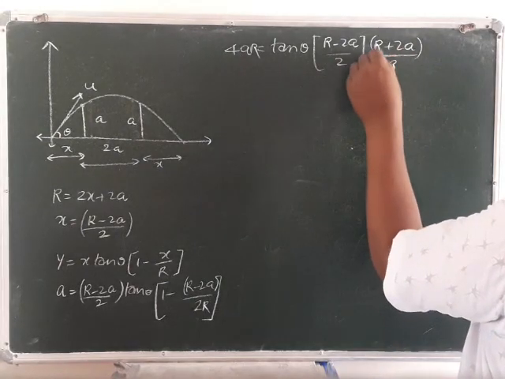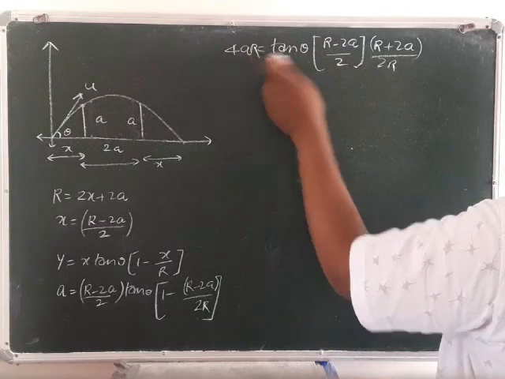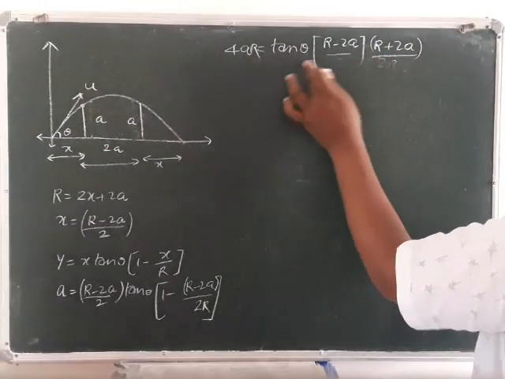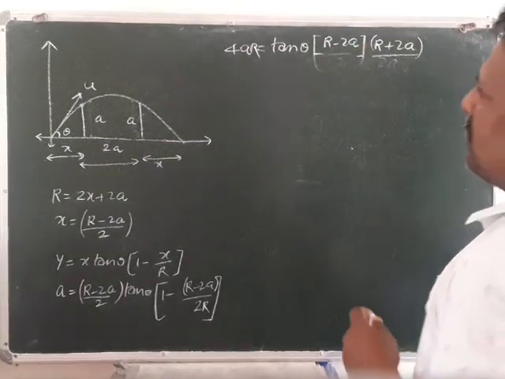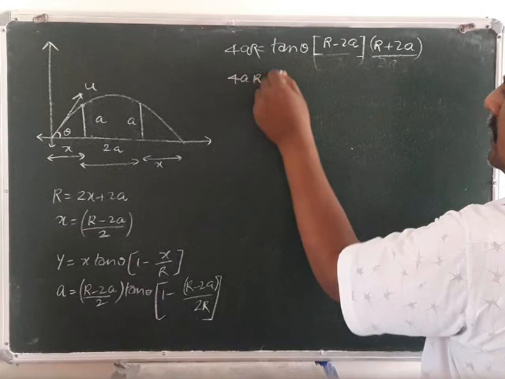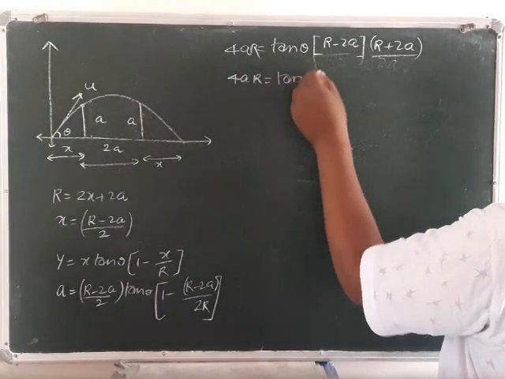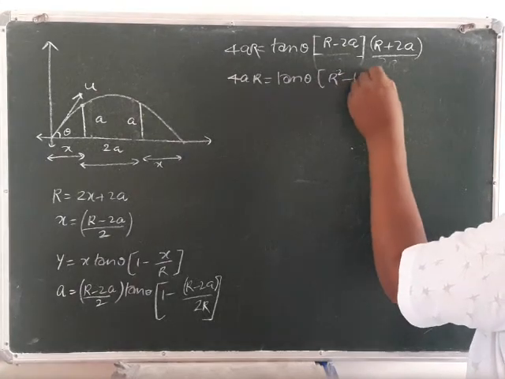Actually, by bringing this 2 into 2, 4R into a, this is taken as common, and if you simplify it, the left side is 4aR, and on the right tan theta in bracket R square minus 4a square.